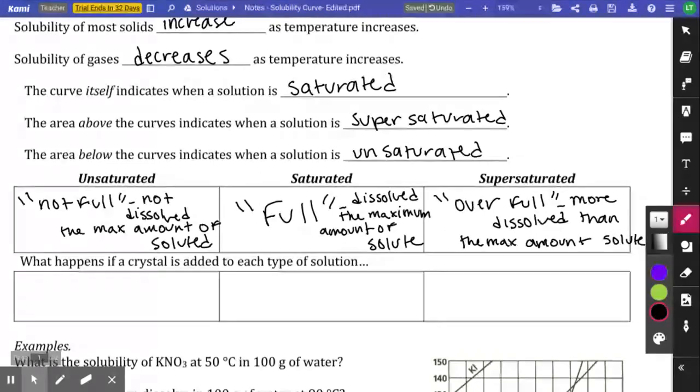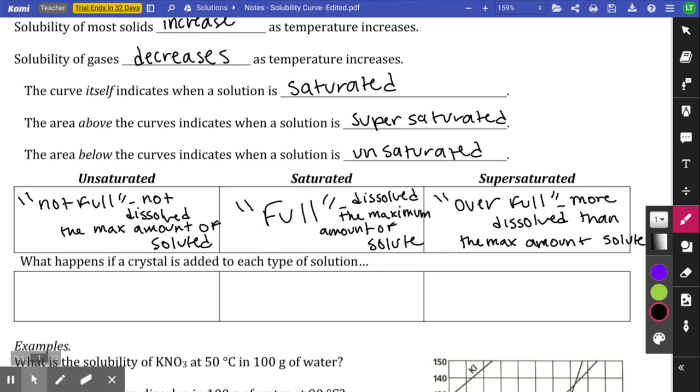How can you dissolve more? Typically to make a supersaturated solution, you would heat your water up, dissolve your solute in it, and then let it cool. And as it cools, that solute's not going to come out of the solution unless it's disturbed in some way. So heat it up and let it cool.